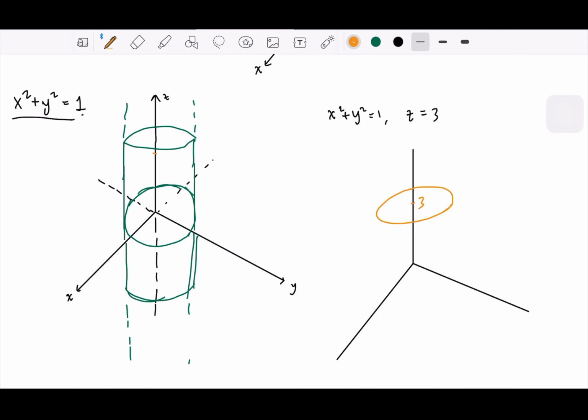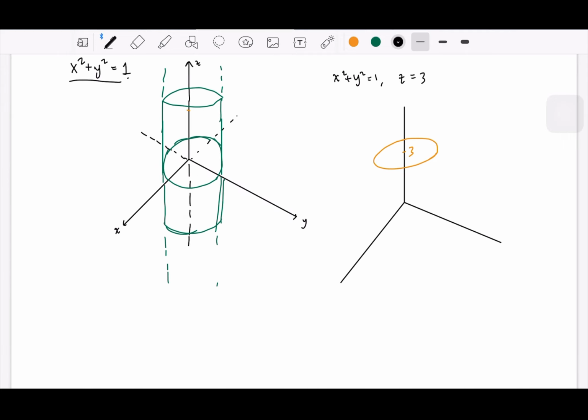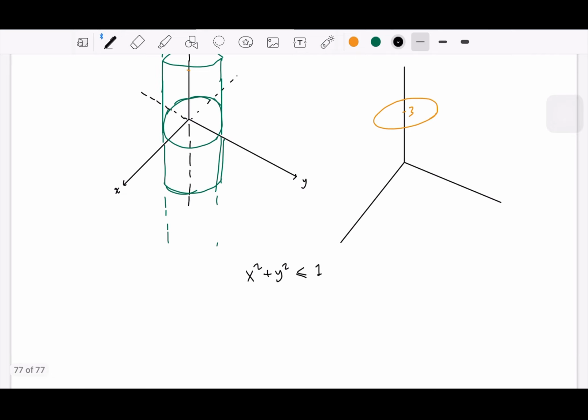And you can also tweak the restrictions. For example, you can have, this is not really equaling 1. You can have less than or equal 1. That's still okay. And then you can have the z probably like that.